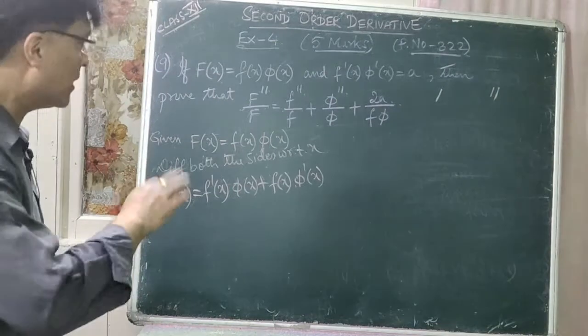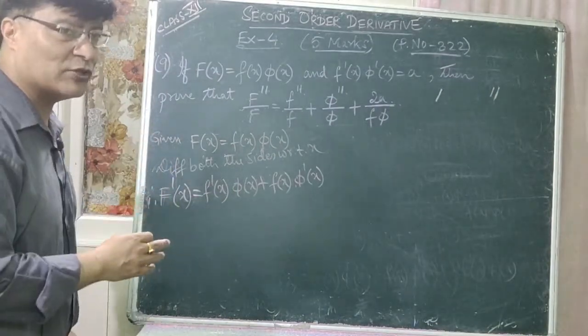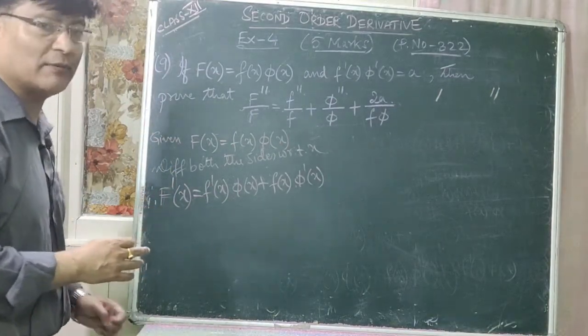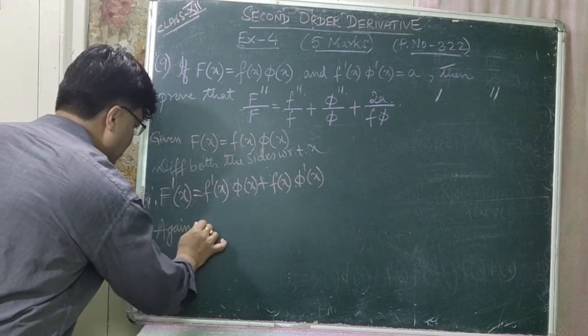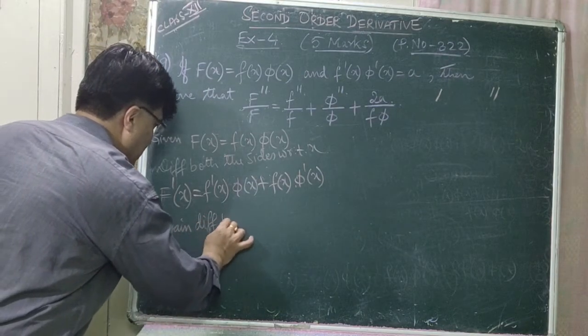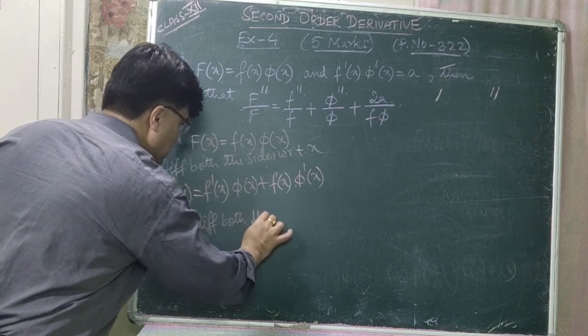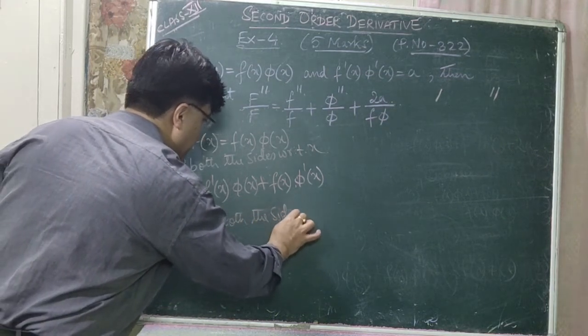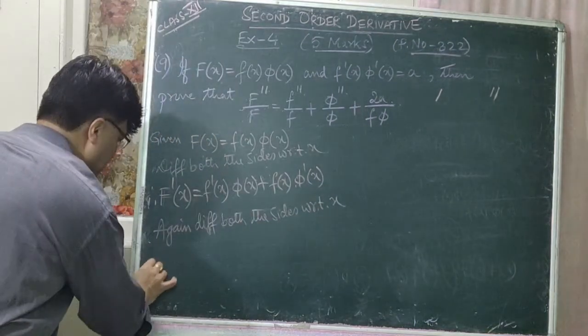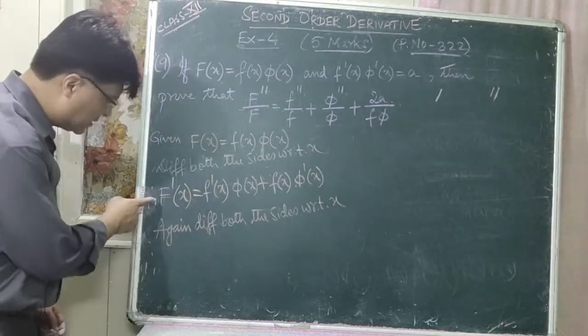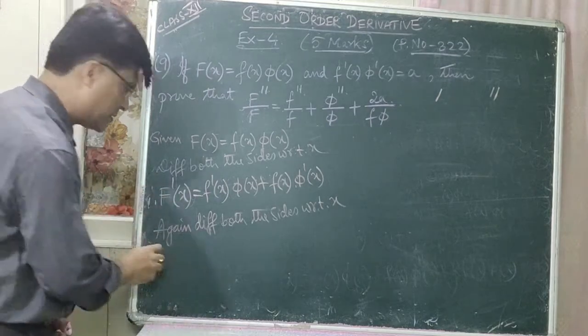Okay, now again you have to take the differentiation to get F double dash of x. Again differentiating both the sides with respect to x, what do we get here now? What is the differentiation of capital F dash of x?